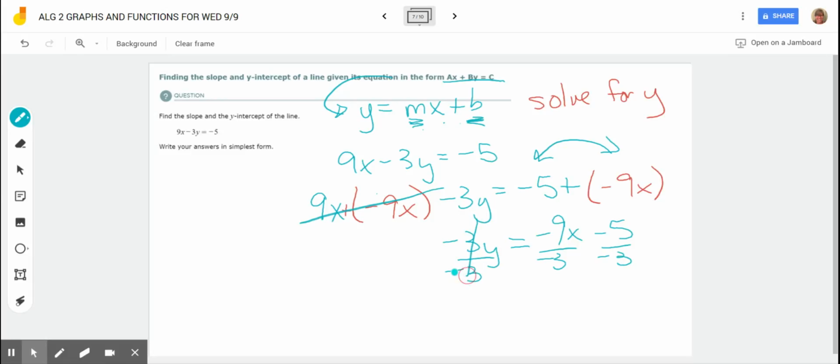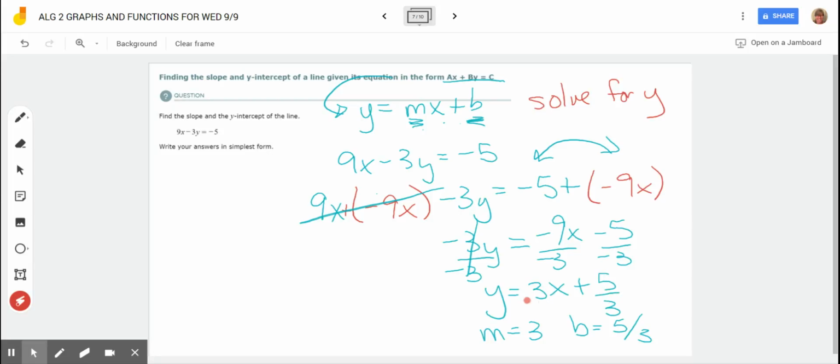You can't just divide one number, not just the x. So you're going to get y is equal to positive 3x, because negative divided by negative, plus 5/3. The m is 3 and the b is 5/3. We have now put it into y equals mx plus b.